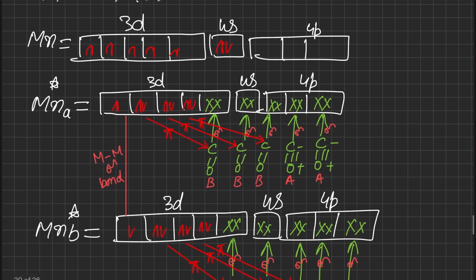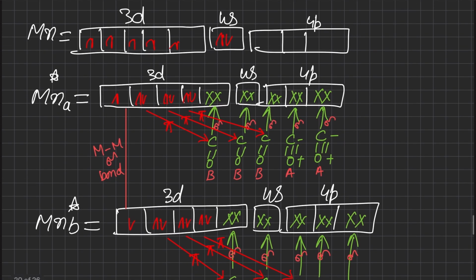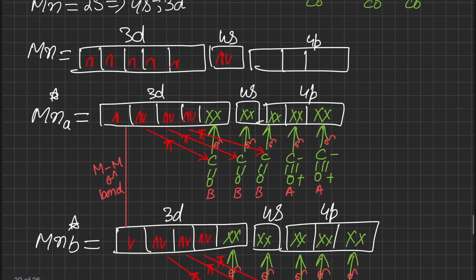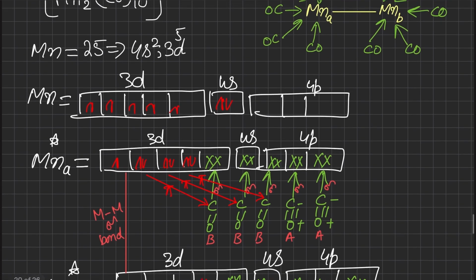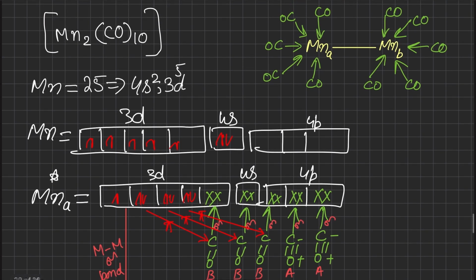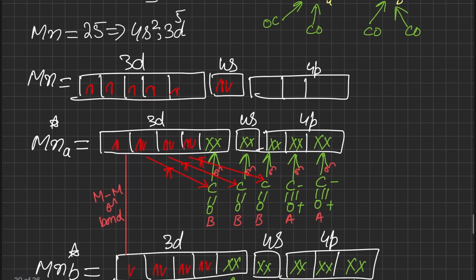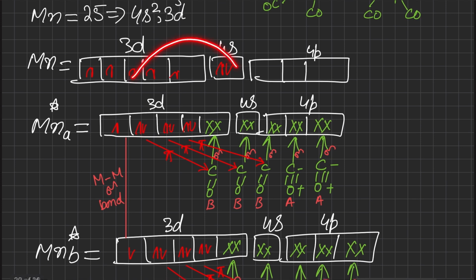As carbonyls are strong field ligands, we will again do a rearrangement, but here we will do a peculiar rearrangement. As compared to the previous examples, we will not pair up all these electrons, but we will pair them up according to our needs.